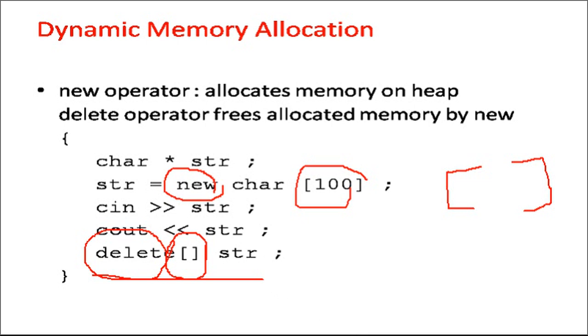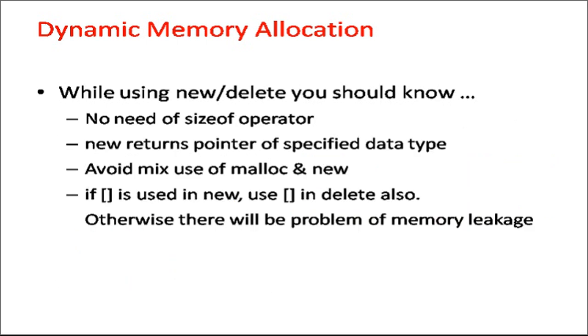So this is a simple example wherein we allocate memory for 100 characters, 100 bytes in total, because each character takes 1 byte. There are certain things to take care of while using new and delete.